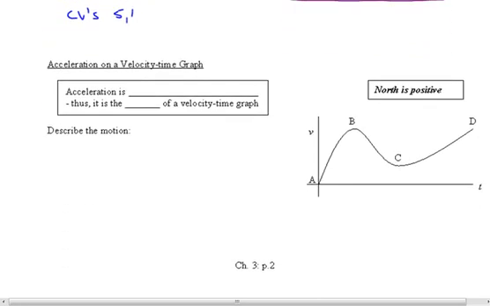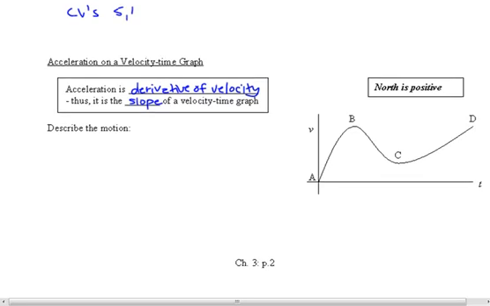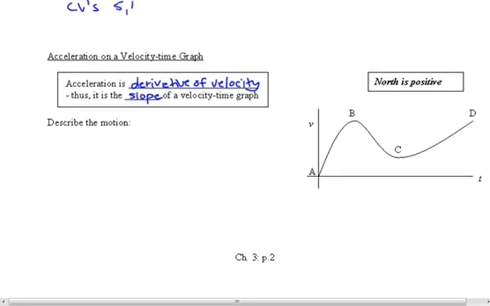Oh, trig. Okay, acceleration is the derivative of velocity. Thus, it is the slope of a velocity time graph. So this is a velocity time graph here. It says describe the motion.